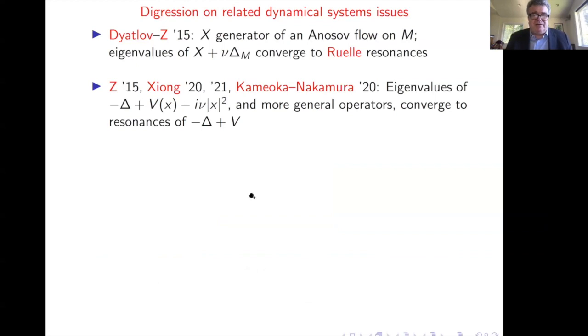And actually, I knew about this, that the chemists were using something called the complex absorbing potential method to calculate resonances. Technically it's different, but somehow morally it's the same: to consider the Schrödinger operator, or more general operators.